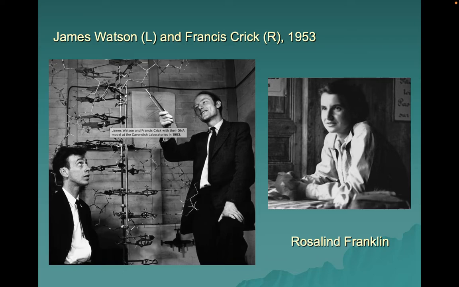But her work was also really crucial for Watson and Crick to be able to come up with a theory of DNA structure, and it's Rosalind Franklin. So if you look at more recent publications and books, she is often also credited with the discovery of DNA, as she should be.